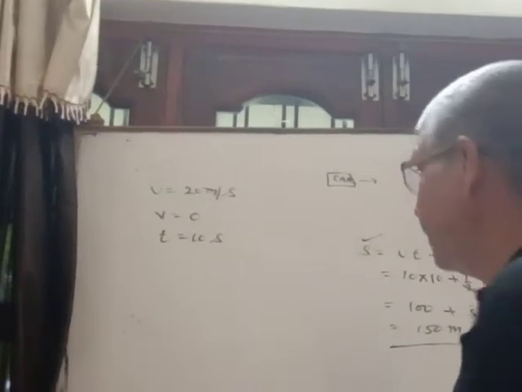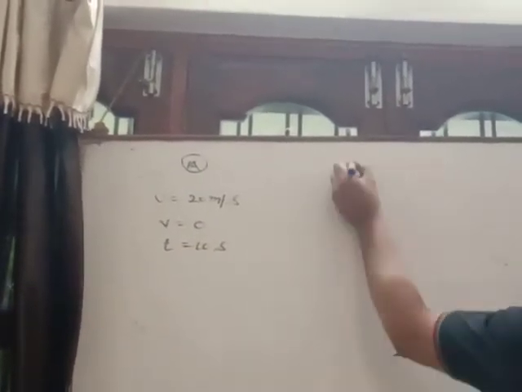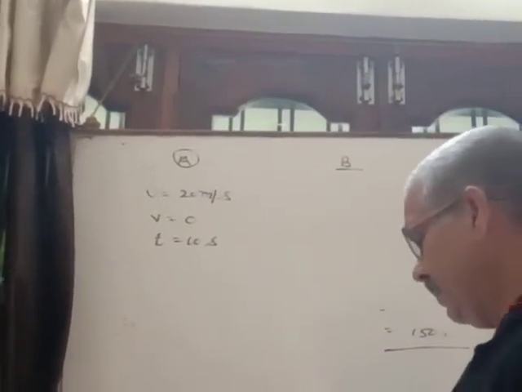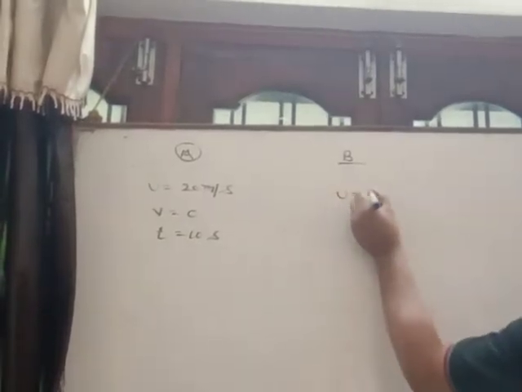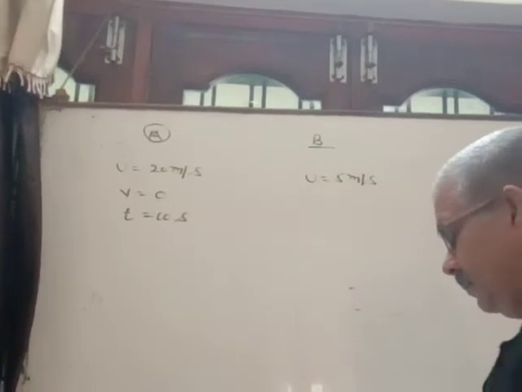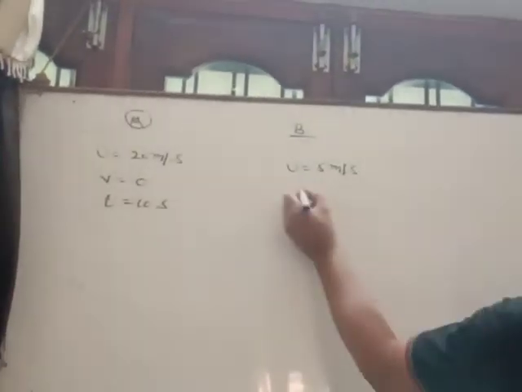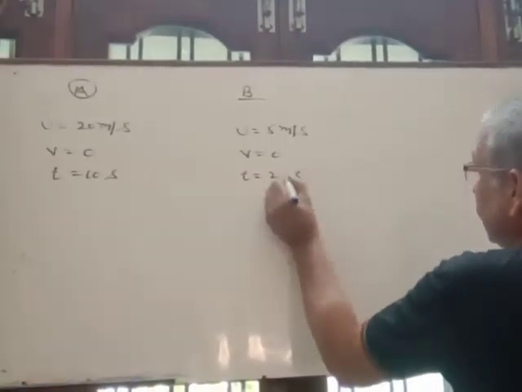Another motorcyclist B is traveling at the speed of 5 meter per second. Initial velocity for B is 5 meter per second. Apply the brakes and stop the motorcycle in 20 seconds. Its velocity becomes 0 but time taken is 20 seconds.